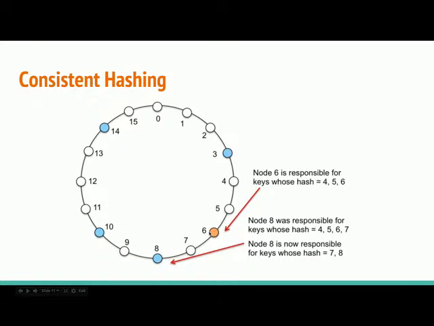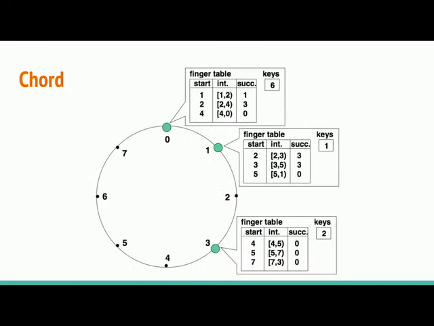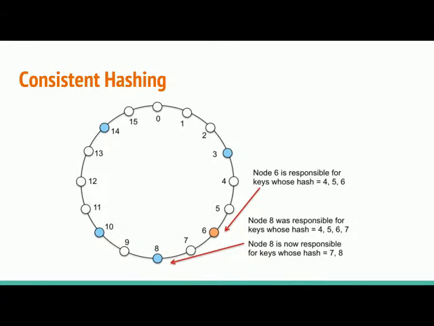But that's it, so only one operation is involved. Nodes 8, 10, 14, and 3 didn't do anything. That's much better than rehashing, because with rehashing you recalculate all the data.